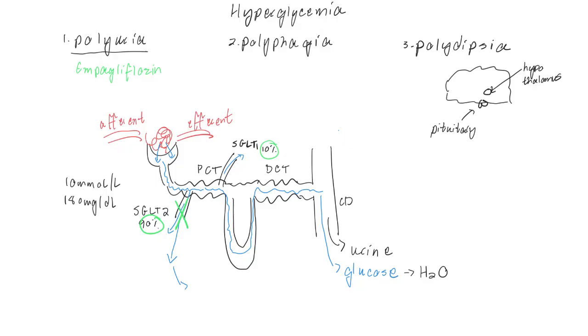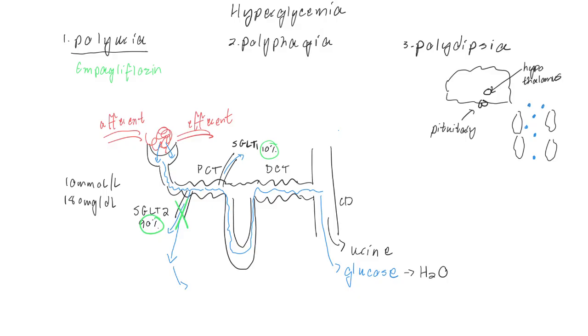Inside the hypothalamus, there are neurons that actually sense how concentrated our blood is. They are called osmoreceptors. So we can just imagine that our osmoreceptors are like this, and they are always sensing how many particles are in our blood, how concentrated our blood is.